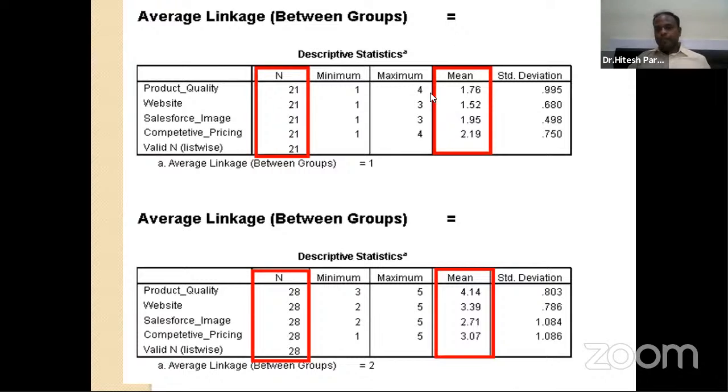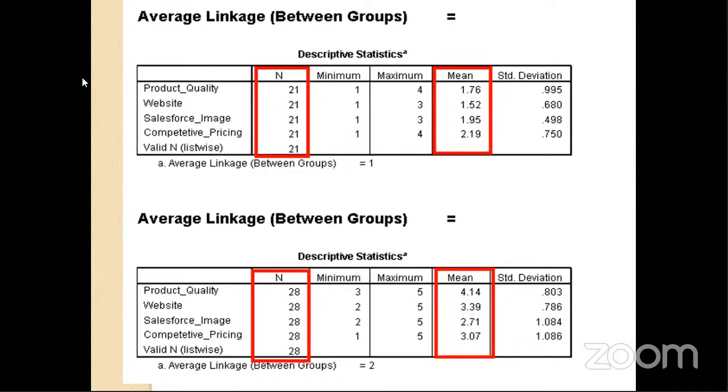If you see the average values, cluster number 1 has lower average values and cluster number 2 has higher average values. So for product quality, website, salesforce image, and competitive pricing, group number 2 has given higher responses as compared to group number 1.